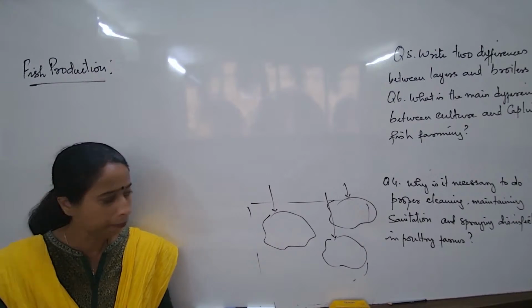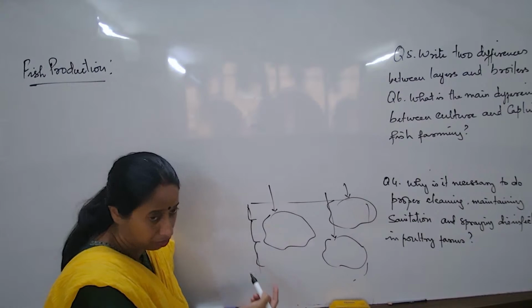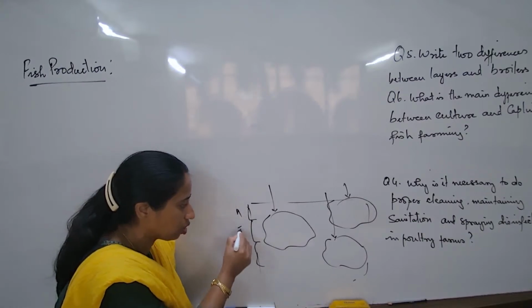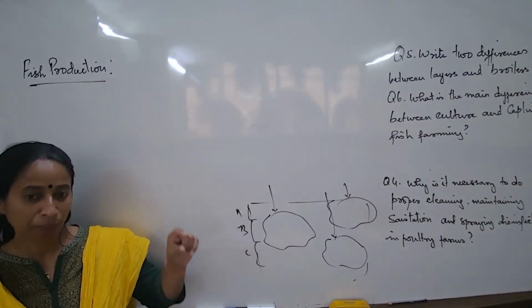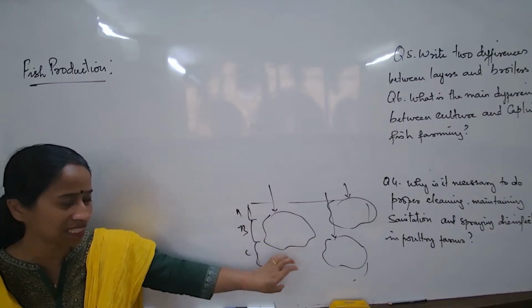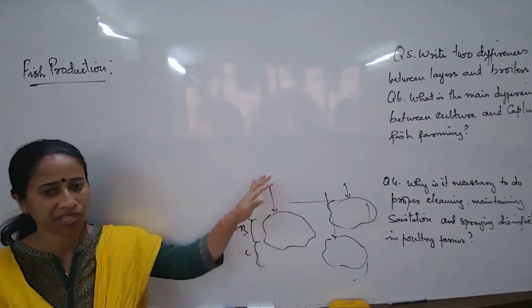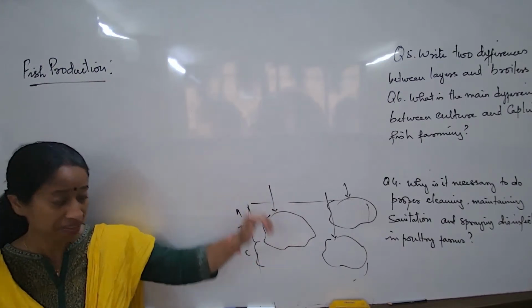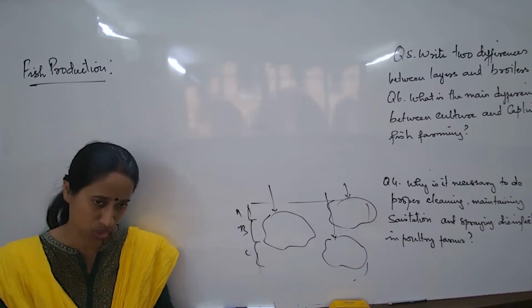If I divide the entire sea or ocean into three big regions, some fishes are always present on the upper layers, some on the middle layers and some on the bottom layers. As long as light can penetrate, you will find these organisms. After a particular region, light cannot penetrate, so you will not come across any such organism.